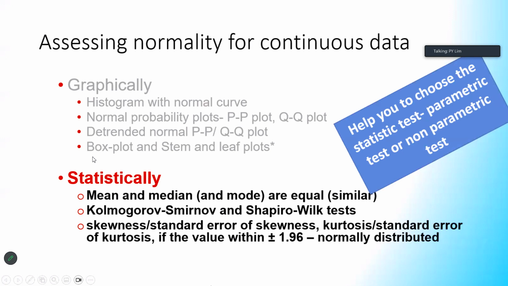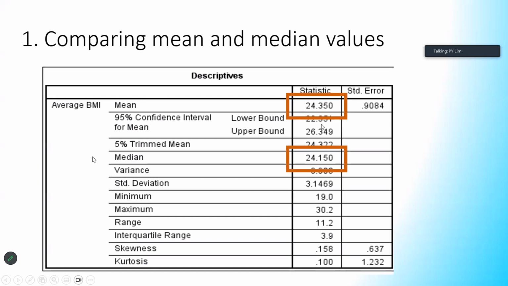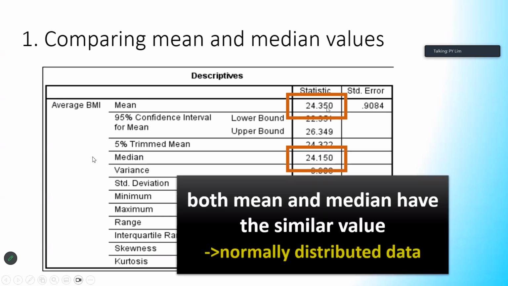So for statistical methods, I explain all because later with one click, you will get all the results. Statistical method: mean, median and mode are similar. Like this one, mean 24.35, median 24.15. Both mean and median have similar values, we say normally distributed. If not similar, then we say not normally distributed. How to define similar is another school of thought, it depends on your research team. 0.02 is considered similar.